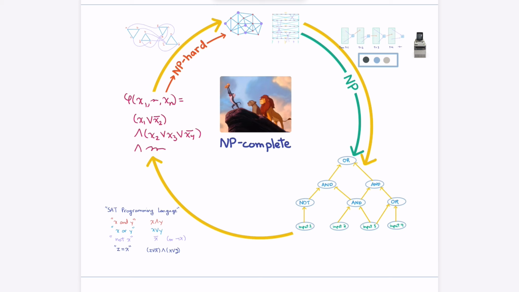Is there an efficient algorithm? And by efficient, we're defining it as polynomial time, something better than brute force. And it might not be surprising that something that looks as general as SAT or circuit SAT is hard. That seems challenging. But now we have an even stronger formal argument.